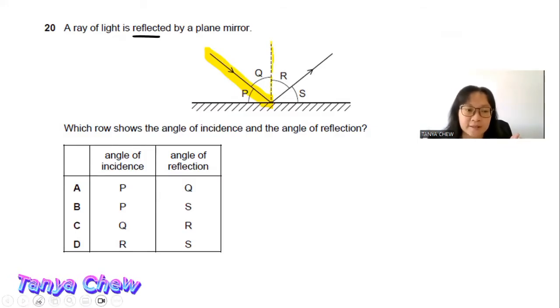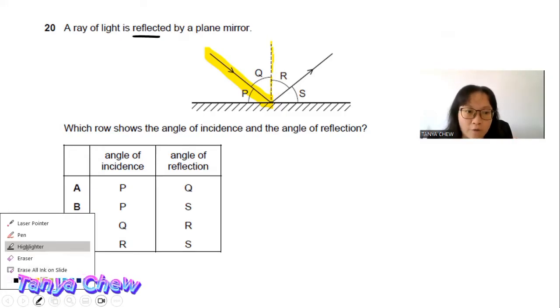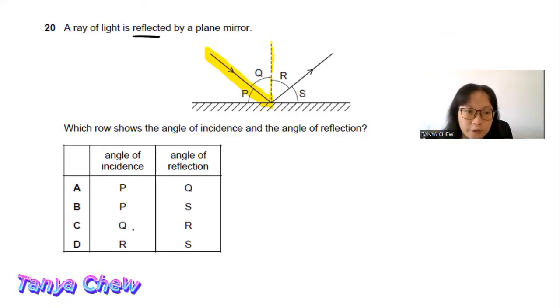The normal line is a line drawn perpendicular to the surface of the plane mirror. So Q is the angle of incidence. The angle of reflection is the angle between the normal and the reflected ray, which is R. So C is the answer.